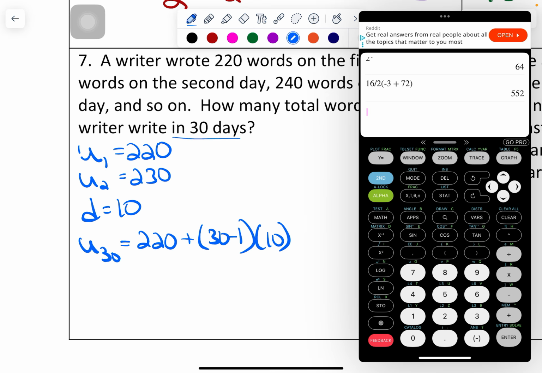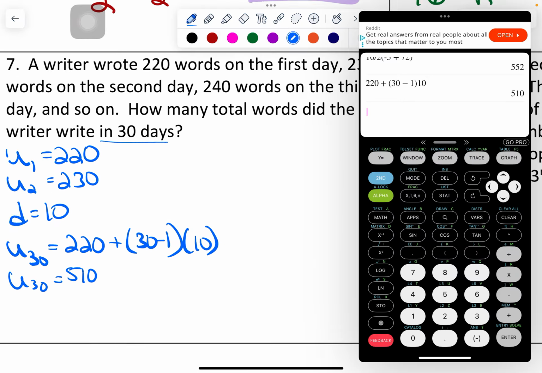You pop that calculator back out. So 220 plus 30, I don't know what I just wrote there. Hold on, delete. Okay, 30 minus 1 times 10. Okay, so U sub 30 is 510 words.